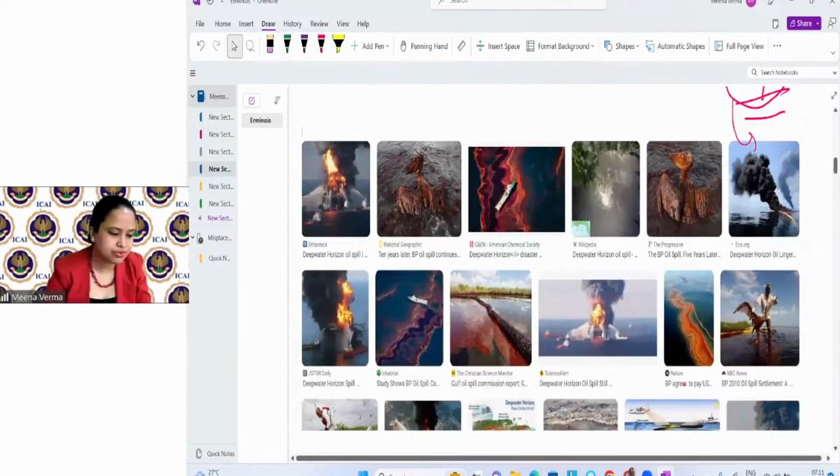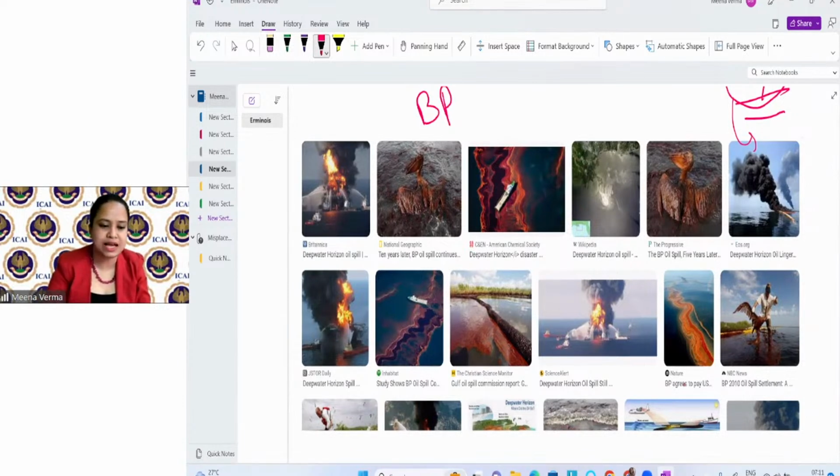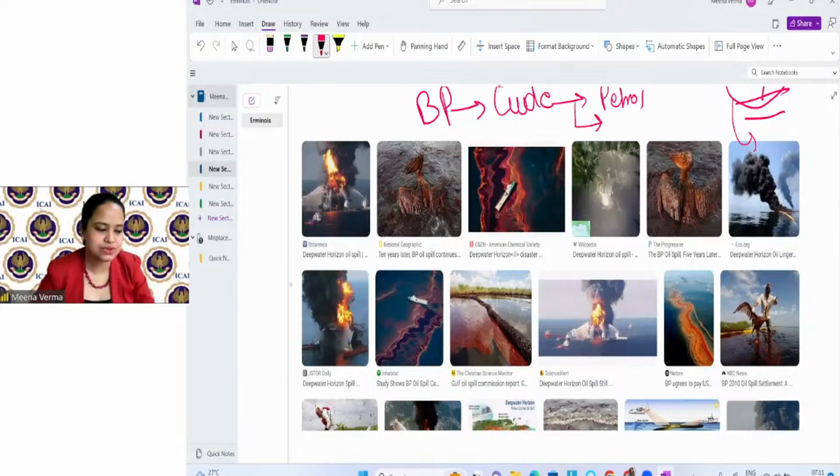Just in front of you, we have an image, right? This is an image of the BP company. Now, what is BP? This is actually British Petroleum, and their work is to draw crude oil. We get petrol, diesel, and many other things from crude oil.